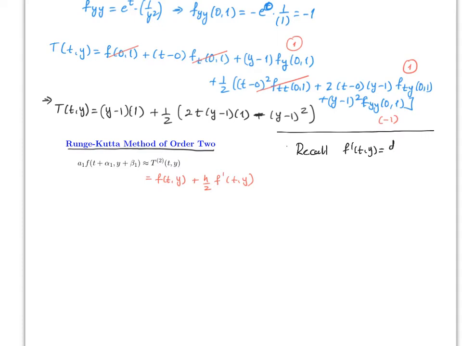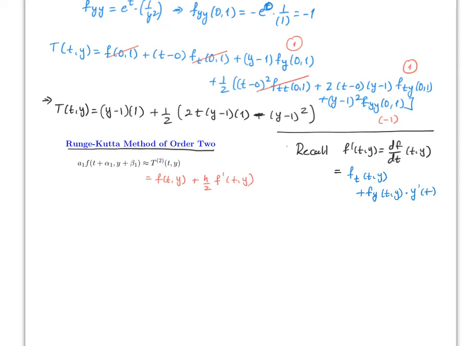By definition, this is the derivative of f with respect to t of (t, y). This is still a regular derivative. By the chain rule, this is equal to the partial derivative with respect to t evaluated at (t, y), plus the partial derivative with respect to y of (t, y) times y prime of t.